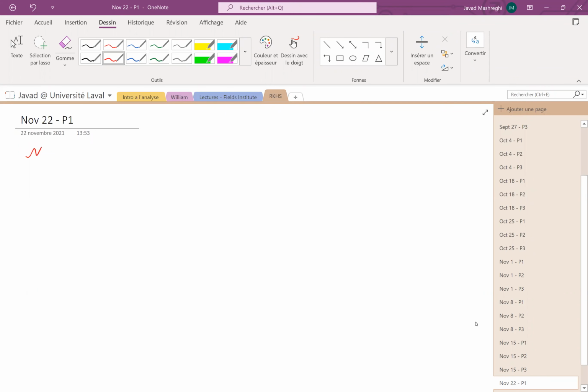Hello, everybody. Let's continue the next section of chapter 4, which was about kernels created by either polynomials or power series with positive coefficients.